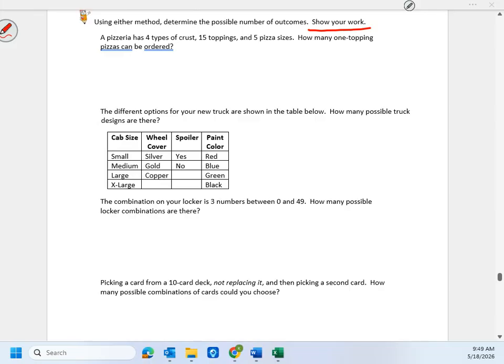A pizzeria has 4 types of crust, 15 toppings, and 5 pizza sizes. How many one-topping pizzas can be ordered? How many events is that? Show me with your fingers. How many events? We have 4 types of crust, 15 toppings, and 5 pizza sizes. Show me your fingers.